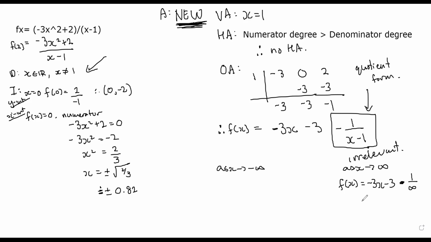Minus a small number. And then as x approaches negative infinity, this will still take the shape of an mx plus b, but minus 1 over negative infinity is like saying plus 1 over infinity.